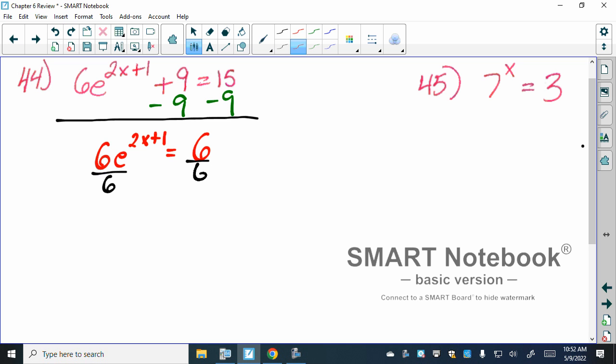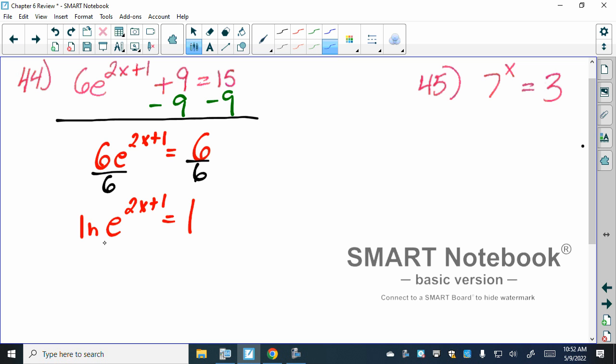Divide both sides by 6, telling us that e to the 2x plus 1 is equal to 1. Is e by itself? I mean, there's an exponent with e, yes? But is there anything being added to the e? Well, no. Is there anything being multiplied in front of the e? No. So the e is essentially by itself.